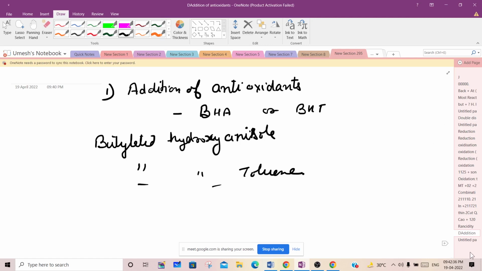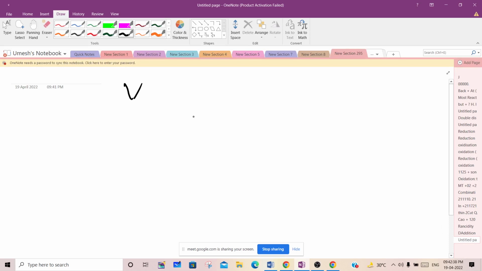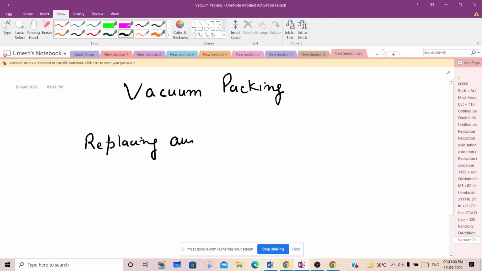Done. Yes, sir. Second method is vacuum packing. Packing in the vacuum, air will not come in contact with the food. Or replacing air by nitrogen.